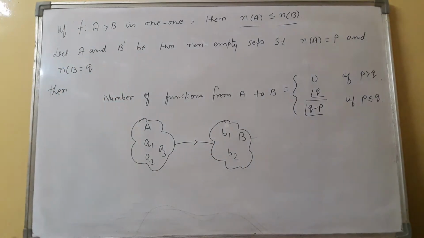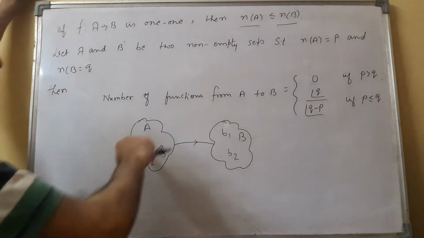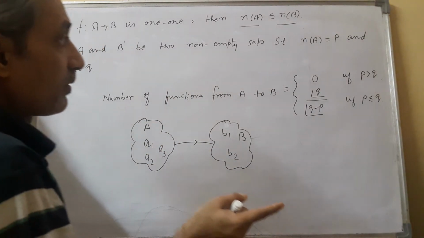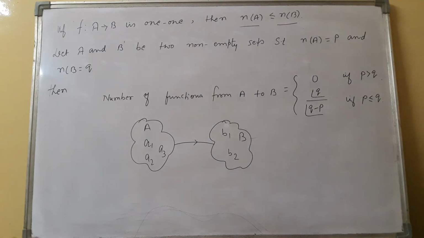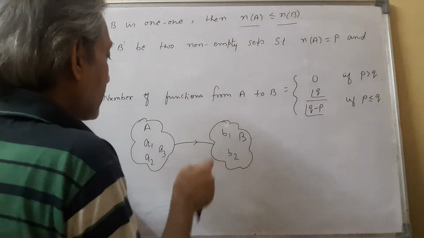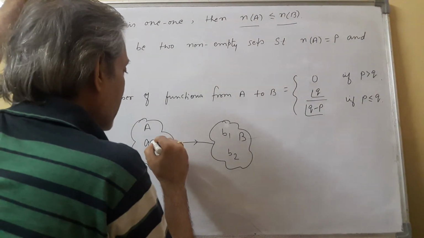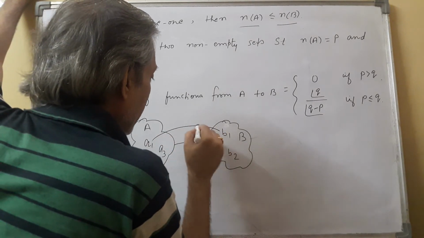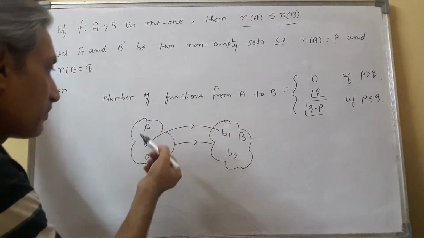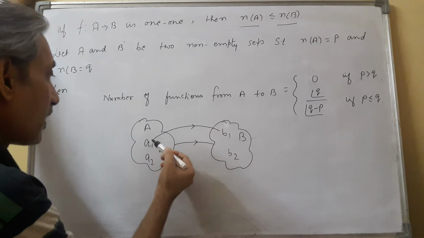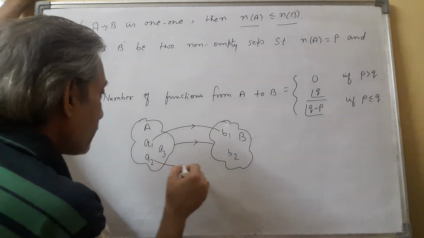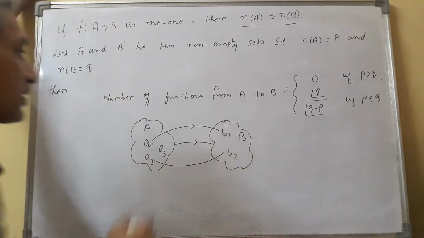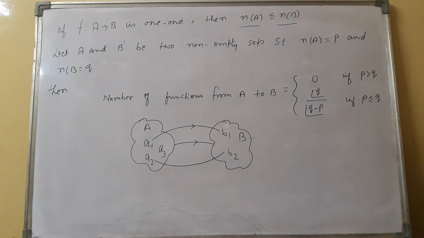Now we can make different types of functions from A to B, but here we are only talking of one-one function. As you can very well see, suppose A1 is related to, क्योंकि 1-1 में क्या है, हर एक नंबर का रिलेशन एक से ही होना है. अगर A1 की इमेज B1 है और A2 की इमेज B2 है, now A3 is left out.